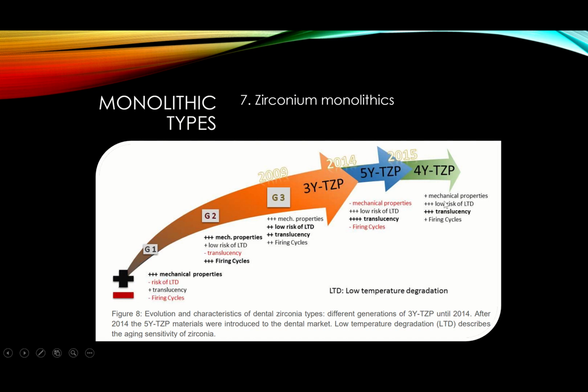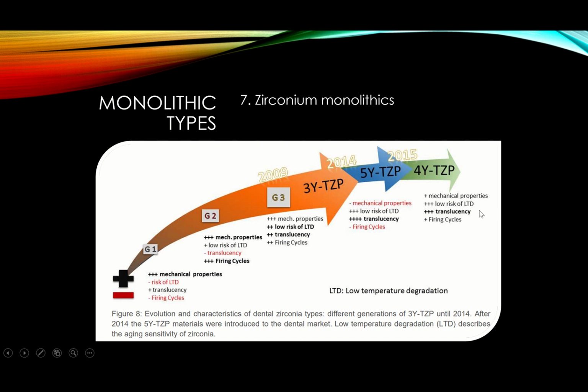We will discuss that. But these days we have good mechanical properties, not very strong like the 3 yttrium. If you want to go beyond a 3 unit bridge, I would say we go back to a 3 yttrium and then we stack or layer, but this is layered.